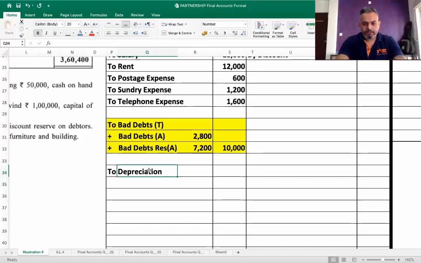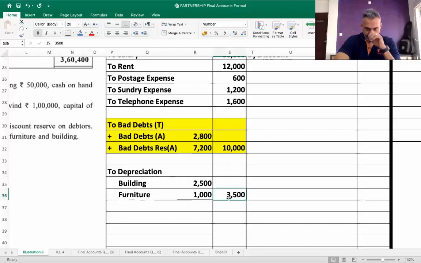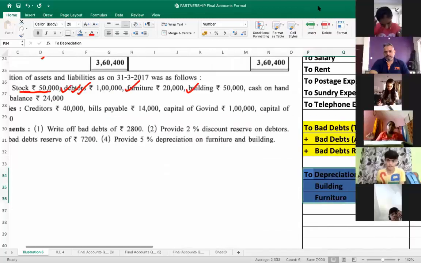To depreciation, building 2500, furniture 1000, outer column 3500. So depreciation also done. So sum khatam ho gaya.